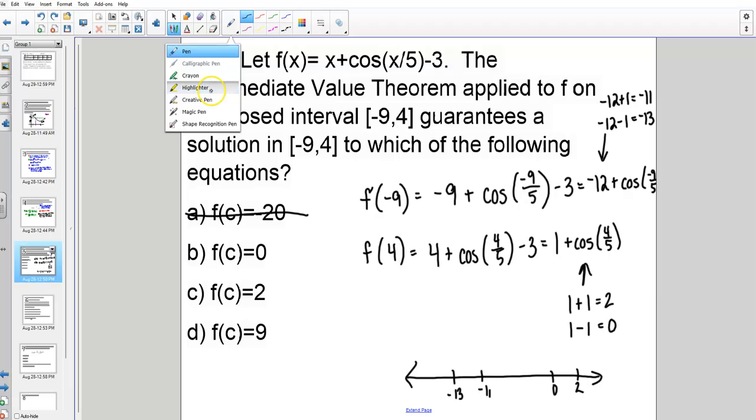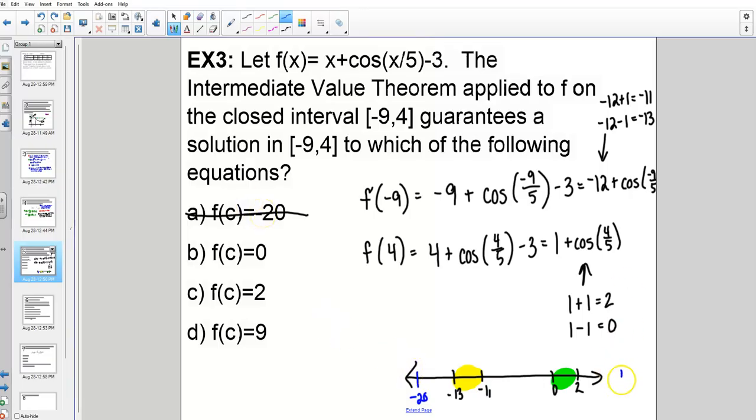I know that I got some number somewhere right here. I got another one about right here. But I know negative 20 is way down here, so that's not going to work. I also know 9 is way up here. That's not going to work.